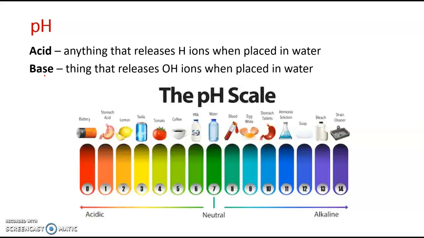And a base is anything that when placed in water releases hydroxide ions, increasing its alkalinity, or another way of saying basic. So if it's acidic, when it's placed in water, it's going to release hydrogen ions. If it's basic, when it's placed in water, it's going to release hydroxide ions.